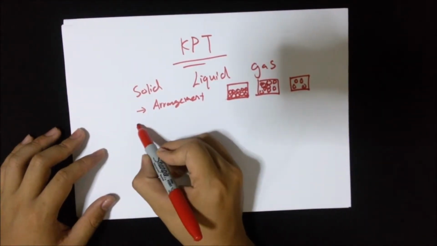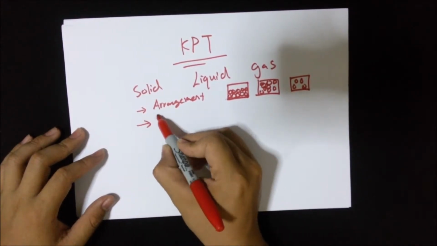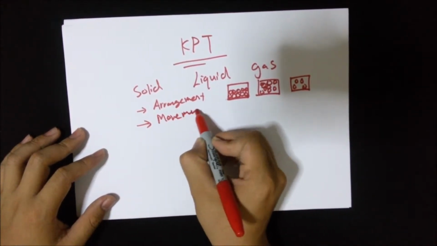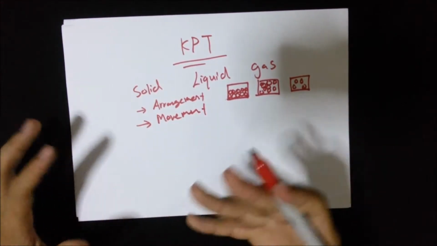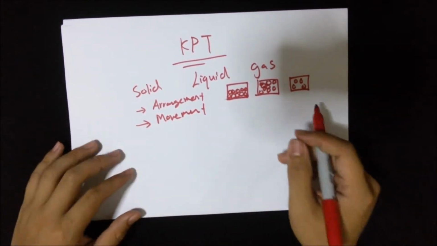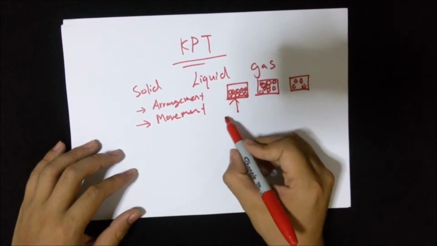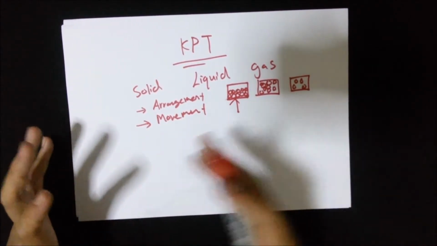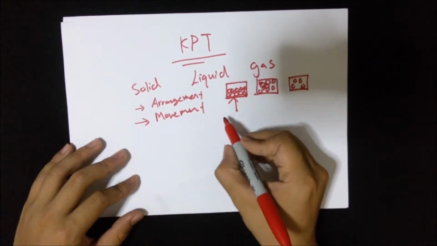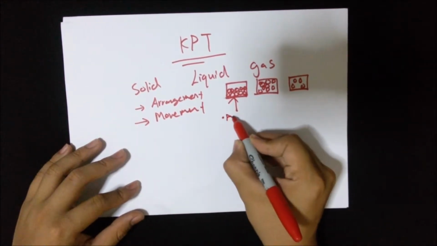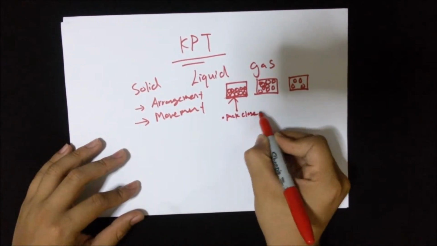And also the next thing that you need to know is the movement, how to actually describe the movement of the particles in different state. For example, in solid state, we will know that they are packed very closely together. So remember the keyword, pack closely together.